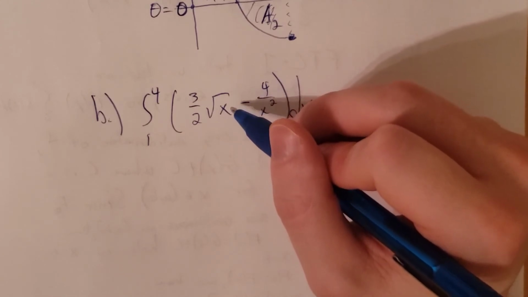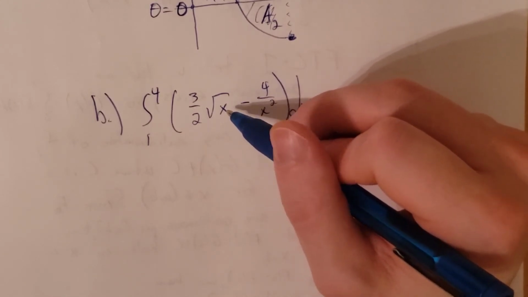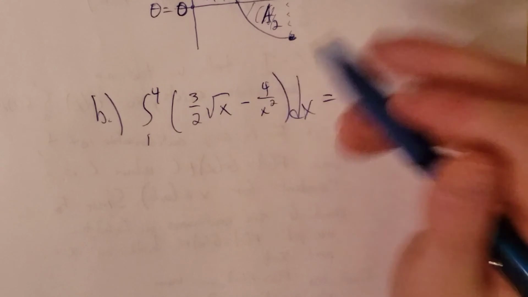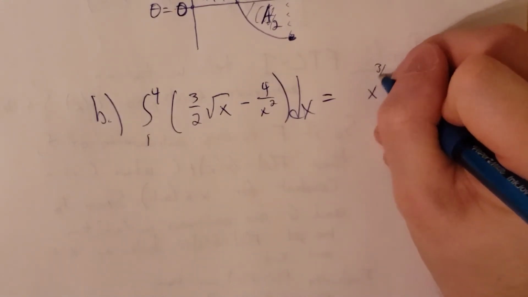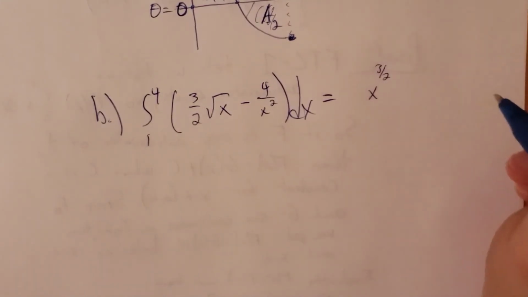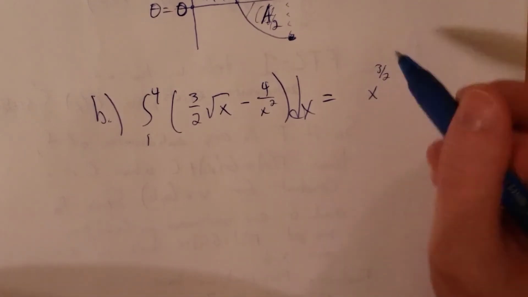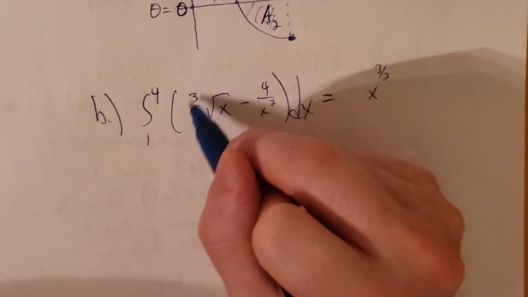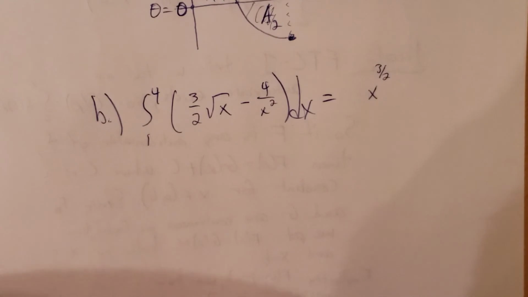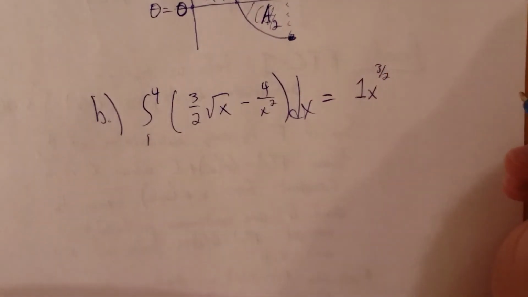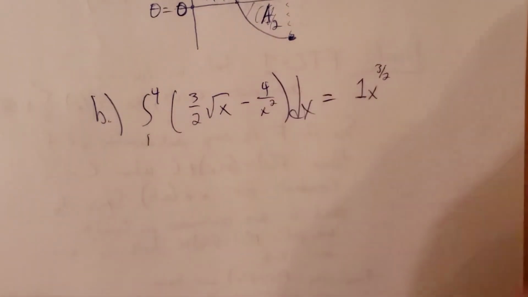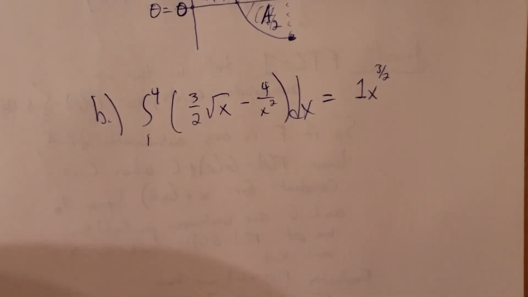To find an antiderivative of x to the 1/2, we first add 1 to the exponent, so it's x to the 3/2. And then we divide by that new exponent. So 3/2 here divided by that new exponent 3/2 is just 1. So this is 1x to the 3/2, the antiderivative of 3/2 root x.